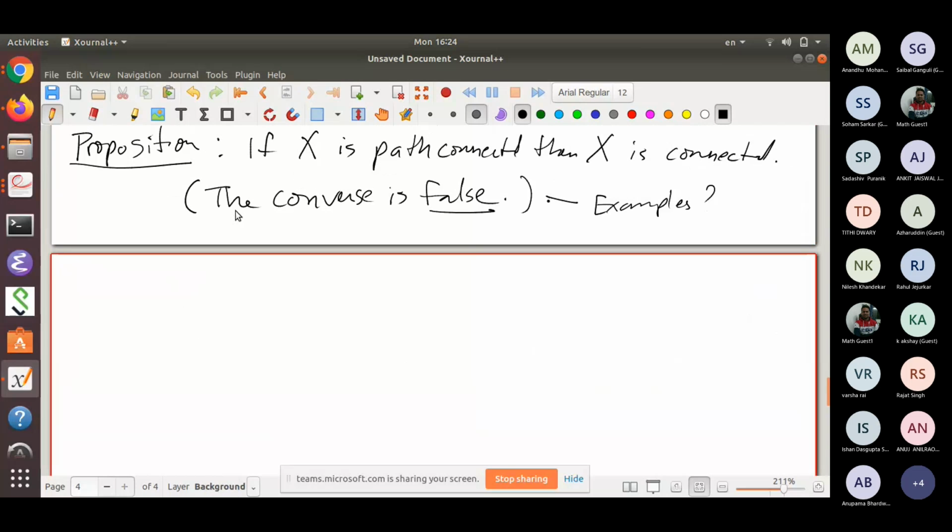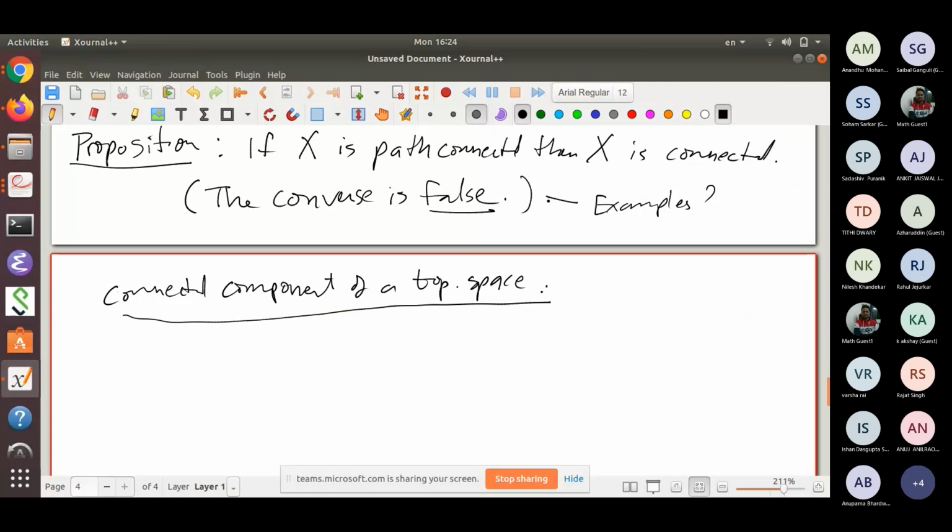The other general notion of connectedness I like to introduce is that of connected components. On this I'll go slowly because a lot of misconceptions are possible on connected components.